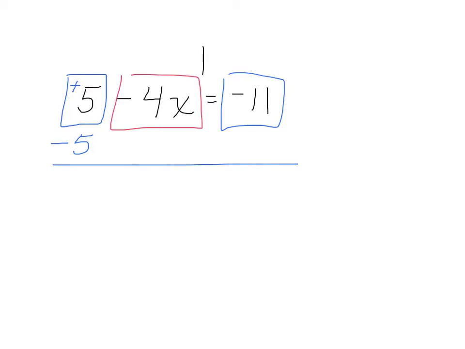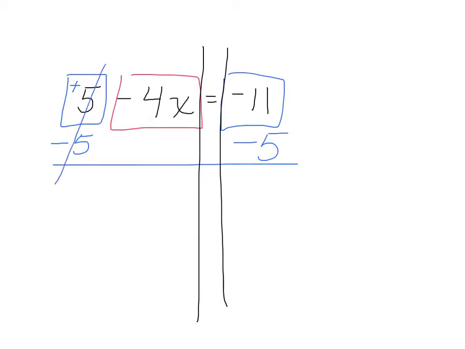I need to think about the equation as sort of the dividing line. So if I have minus 5 on this side, I also have to subtract 5 from this side. So the 5's will cancel. I'm left with just negative 4x on the left side, and that's going to equal negative 11 minus 5, which is negative 16.